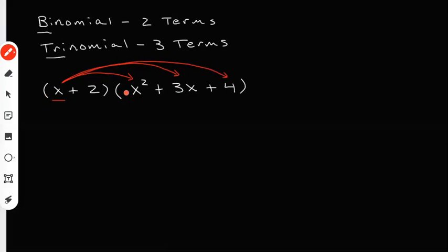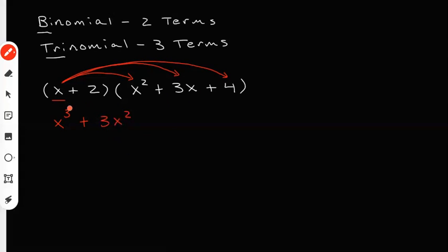So what is x times x squared? That would be x cubed. And we know it's x cubed because we have 1 x over here and 2 x's over here, so putting 1 and 2 together is going to get you 3. That's why I have x cubed. Next, I want to multiply x by 3x, and when I do that, I get 3x squared.